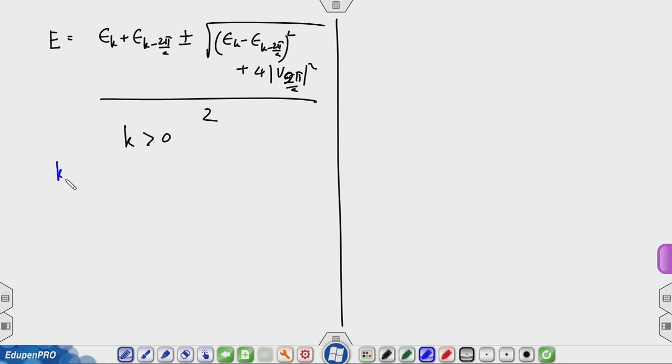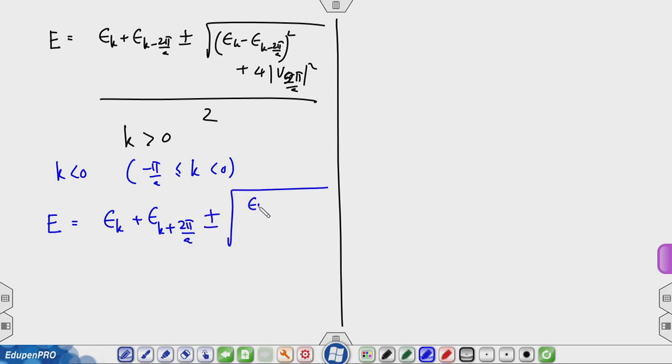For k less than 0, that is k between minus π/a and 0, you will find E equals epsilon k plus epsilon k plus 2π/a, because this is the term that blows up in that second order expansion. So, I mix these two: square root of (epsilon k minus epsilon k plus 2π/a) whole squared plus 4 |V 2π/a| squared, divided by 2. V remains the same because V minus 2π/a and V plus 2π/a mod squared are the same. So, on the other side also you get the same thing.